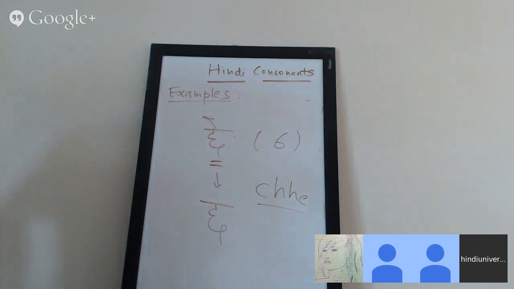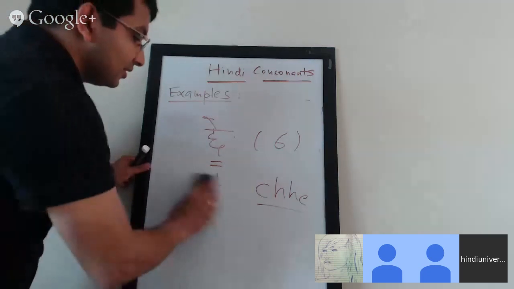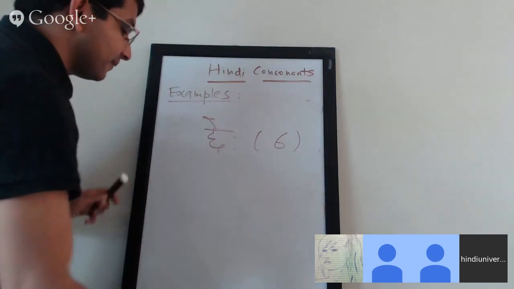I'll take a quick pause here to see if anybody has a question or comments in the student panel, so you can write them in the chat box. You can also think of some city names which have ch in them. Very good. One of the examples shared here is chhatri.